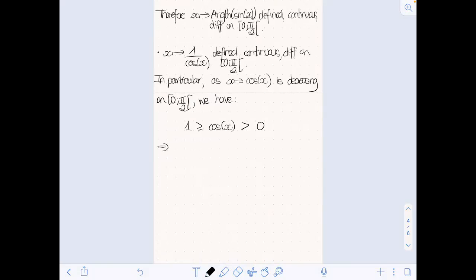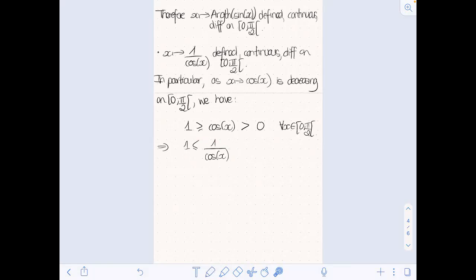Okay, and now if you want to take 1 over cosine of x and look at its values, what do you get? We get 1 is smaller or equal to 1 over cos of x, smaller than 0. You're right about that. And it's not quite 0 here.